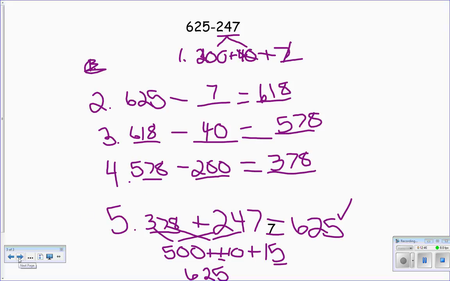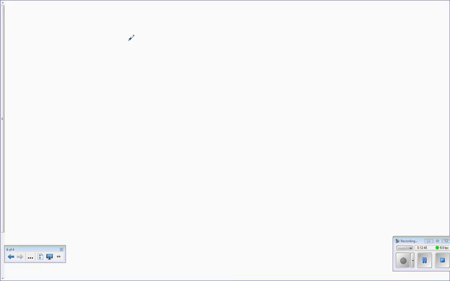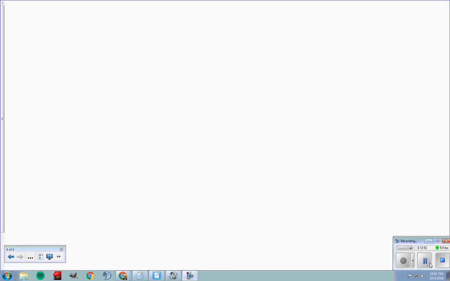Your next step is to apply this strategy on the problem 582 minus 346. This equation is on your worksheet, and I want you to decompose and then subtract to get your answer.